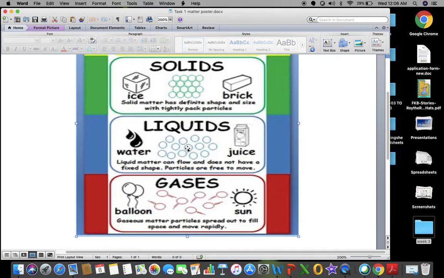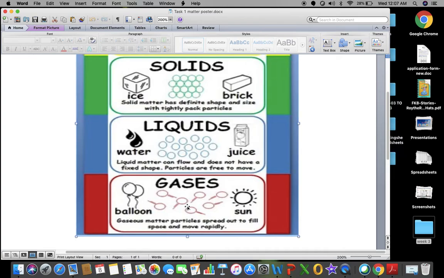And finally, we come to gas. If you look at these molecules, they are very far apart. If you compare these with the solids, these molecules are very far apart. They are just spread.